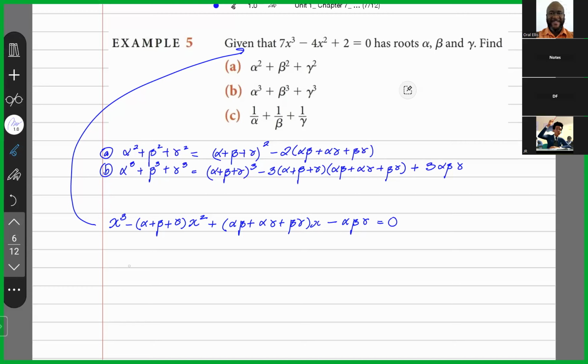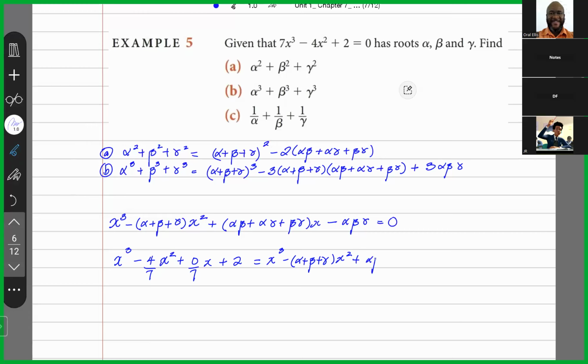x cubed minus (alpha plus beta plus gamma) x squared plus (alpha beta plus alpha gamma plus beta gamma) x minus alpha beta gamma. Now, that being said, if I divide that top equation by 7 to make the x cubed coefficient 1, I'm going to get x cubed minus 4 over 7 x squared plus 0 over 7 x plus 2 over 7 equal to x cubed minus (alpha plus beta plus gamma) x squared plus (alpha beta plus alpha gamma plus beta gamma) x minus alpha beta gamma.